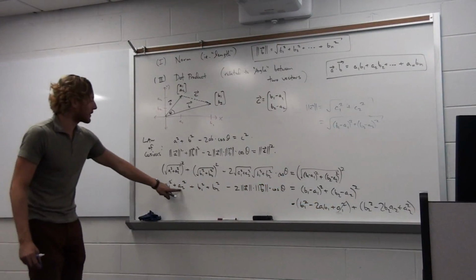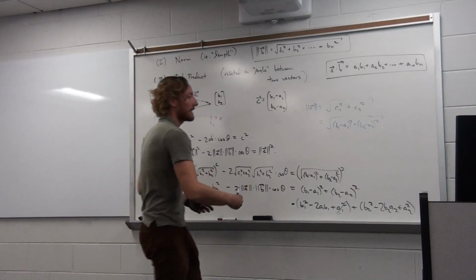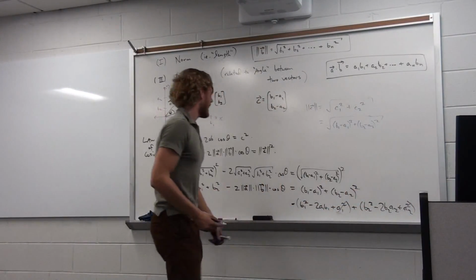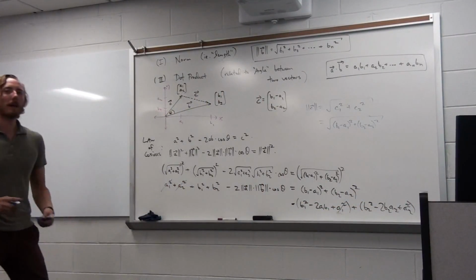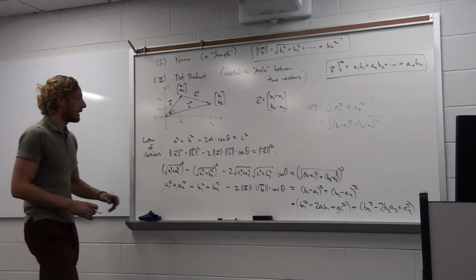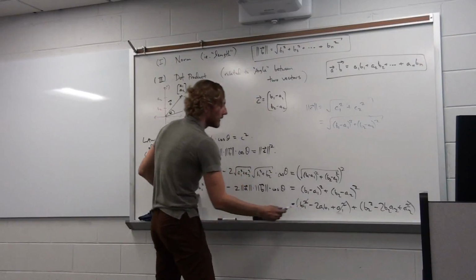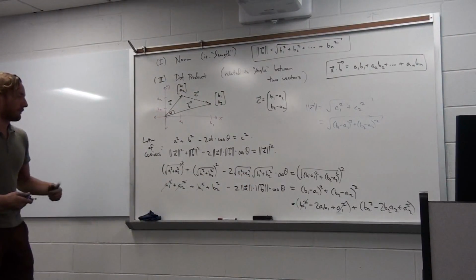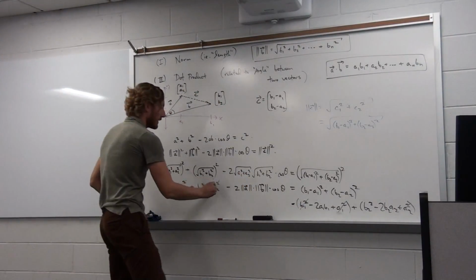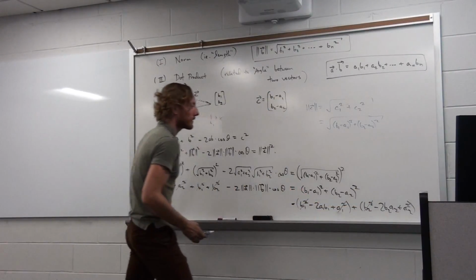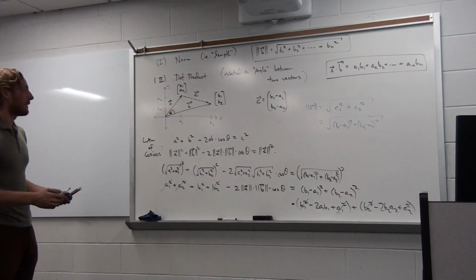We've got an A2 squared on the left and an A2 squared on the right, and so if we subtracted A2 squared, those would cancel away. We've got a B1 squared on the left and a B1 squared on the right. If we subtract, those cancel away. B2 squared is also on both sides, and those cancel away.